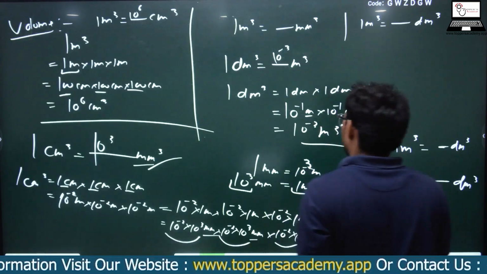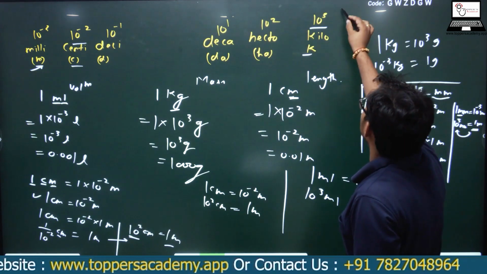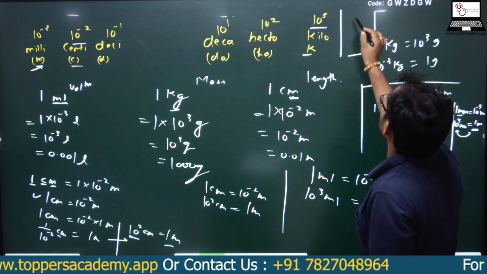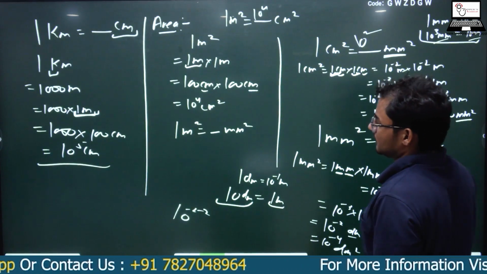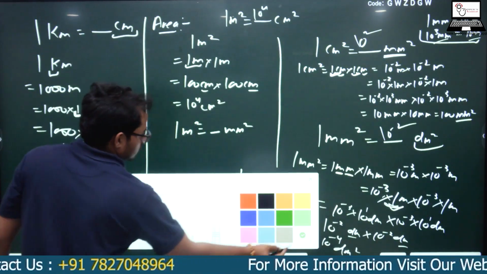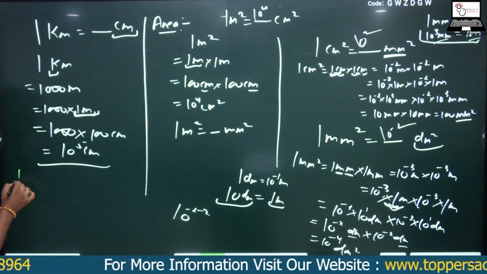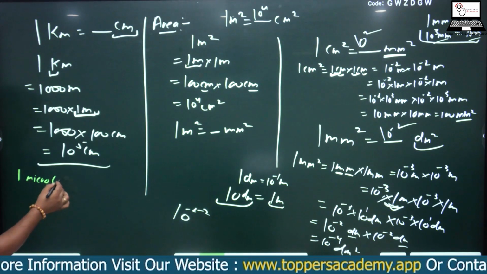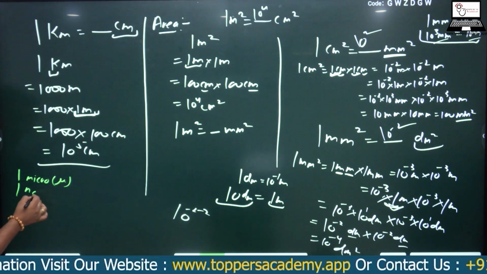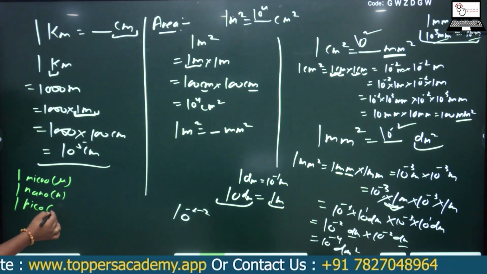One more thing, let me tell you here that 1 micro is represented by mu, 1 nano represented by small n, 1 pico represented by small p.